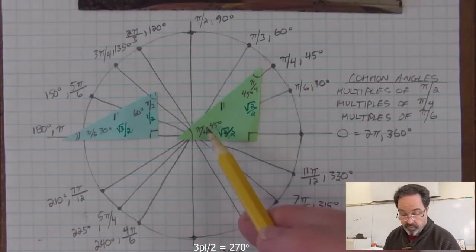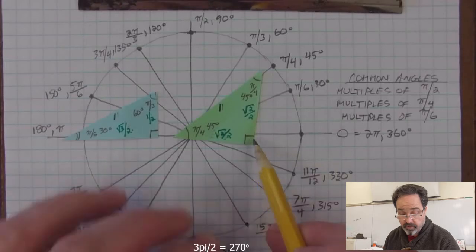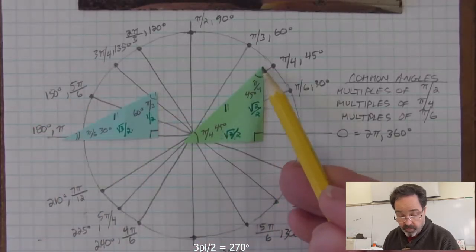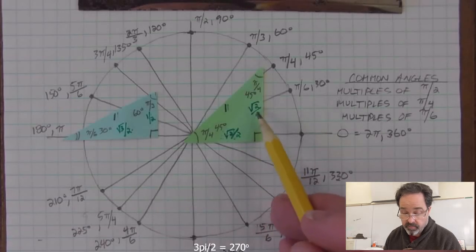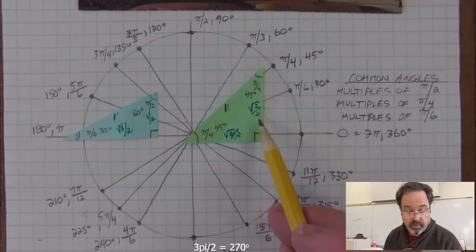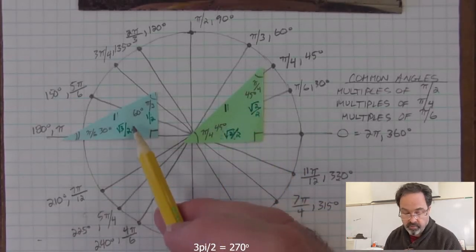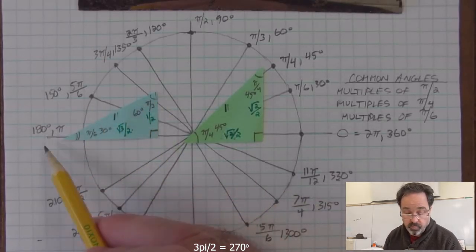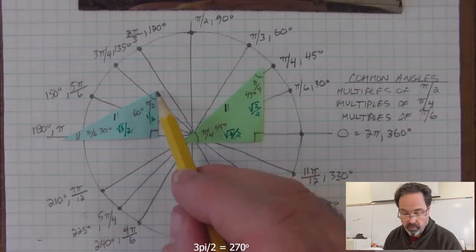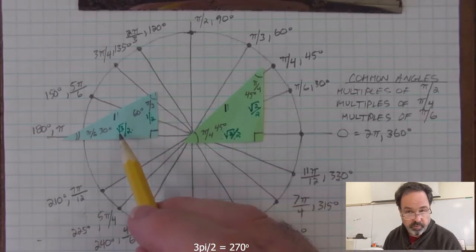One is a 45, 45, 90 right triangle, and if we set its hypotenuse to be a measure of 1, we can calculate the legs to be radical 2 over 2. I have another triangle, it's special, 30, 60, 90. If its hypotenuse is 1, then the legs are 1/2 and radical 3 over 2.